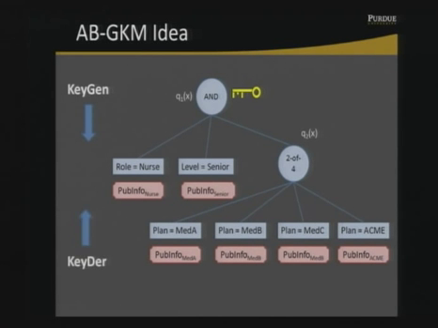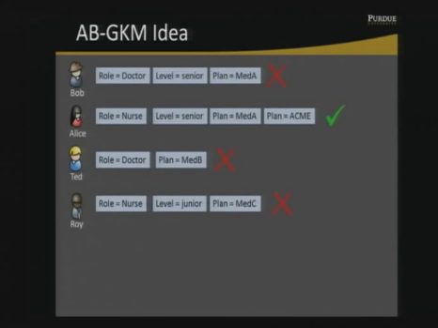So when the key derivation is done, it's done in the reverse order. Users need to discover intermediate values using their attribute values. Only if they can come up to the root node can they derive the group key. So that's the high-level idea of it.